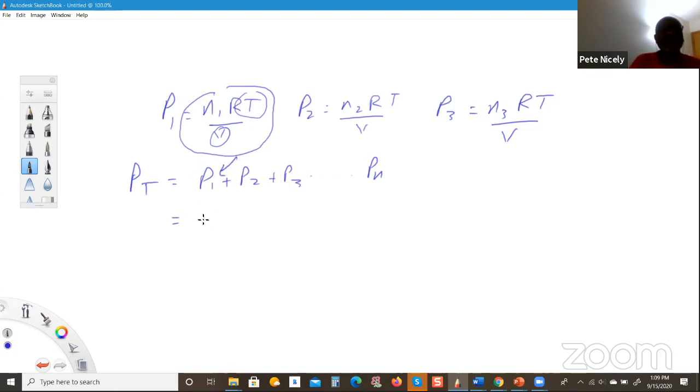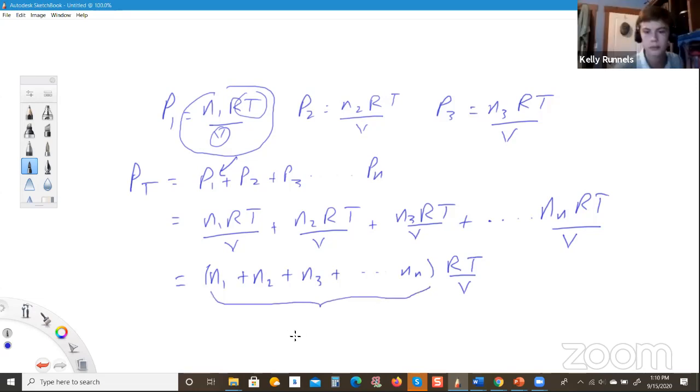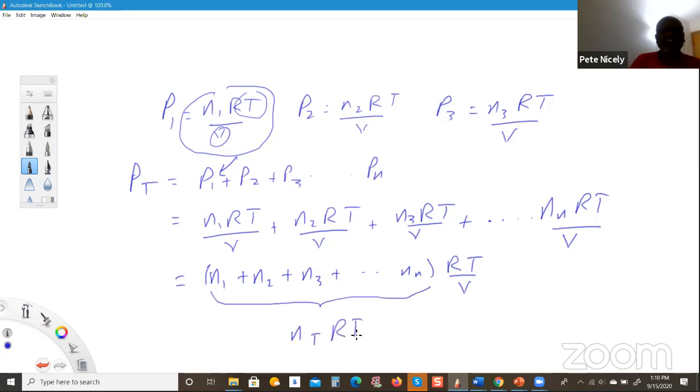For P1, that would be n1RT over V. For P2, n2RT over V. For P3, n3RT over V, plus all the way to Pn, which would be nnRT over V. Then we can factor out RT over V, and we end up with n1 plus n2 plus n3 plus all the way to nn, times RT over V. We can replace all of this with simply nT, the total sum of the moles of all the gases in the mixture.